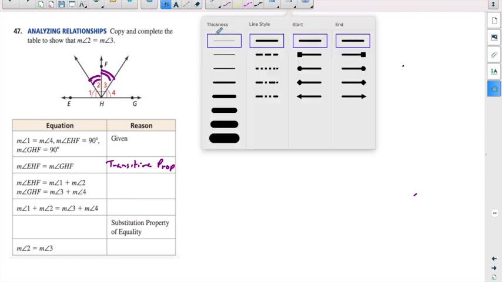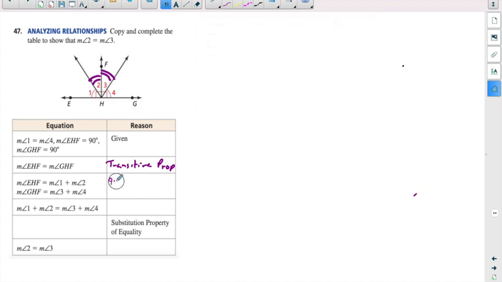Angle addition postulate. Hey, there's no one here. It's just me. Oh no. Don't hit the button.